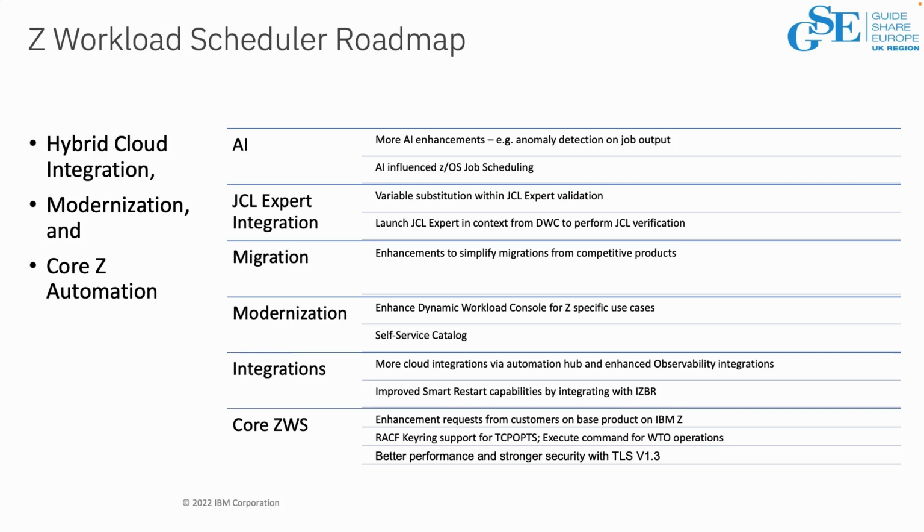We have also provided support for TLS 1.3 as a secure protocol. And we are working on many different other requirements. Obviously, also some requirements will be in common for the distributed and Z solution.